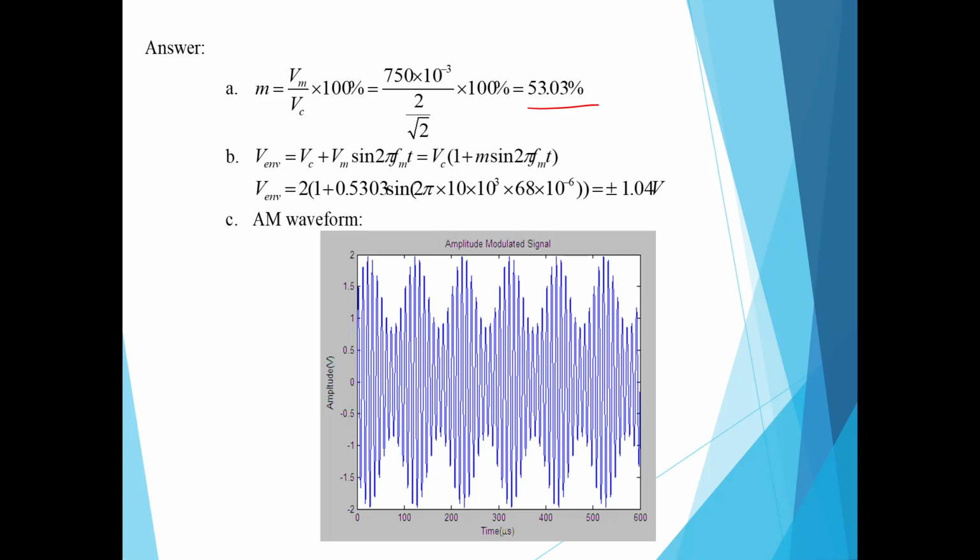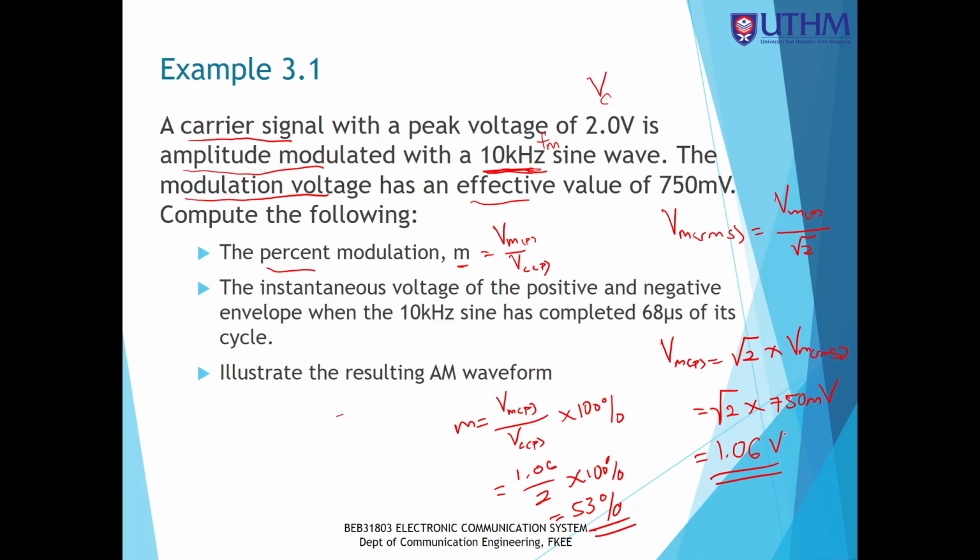Divided by 2 and multiplied by 100%, you get 53.